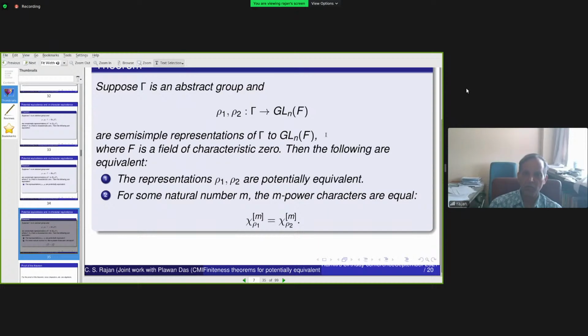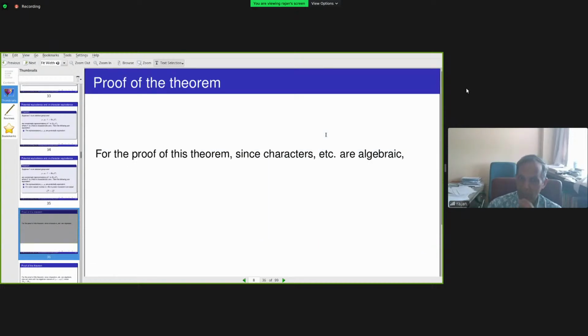The proof is not very complicated, but if you use a bit of algebraic group theory, it is easy.